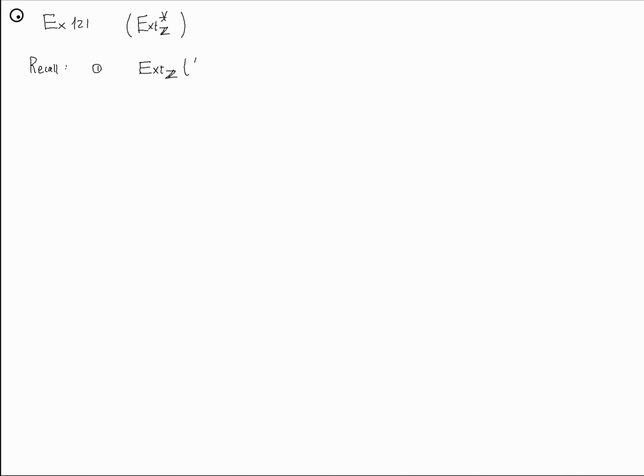Let's keep two abelian groups, A and B. So this exterior is defined to be the derived functor of the Hom functor, right? So you could either use this as a covariant functor from the modules to abelian groups, or take this as a contravariant functor from the modules to abelian groups, or as a covariant functor from the opposite of the module category to abelian groups.